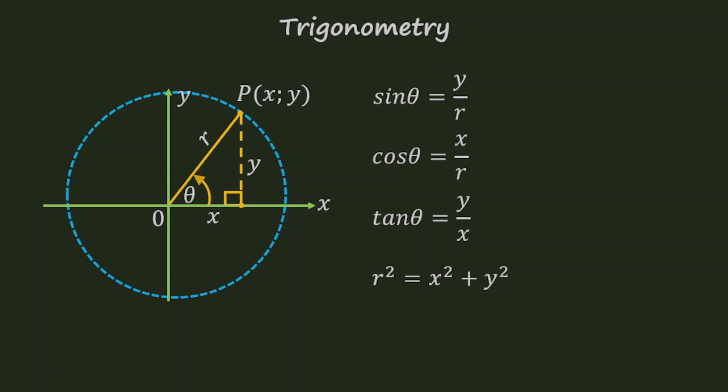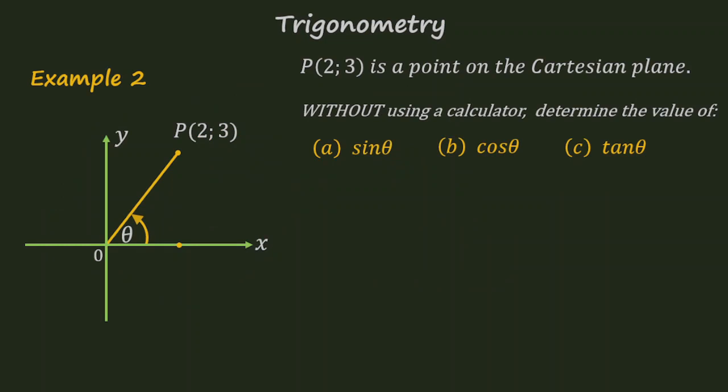Now, in this example, we are given a point P with coordinates 2 and 3 in the first quadrant. We are asked to find the value of sine theta, cos theta, and tan theta without using a calculator.